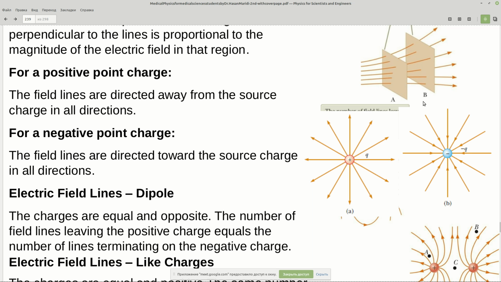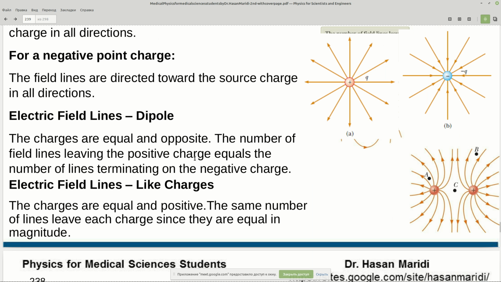The potential is a scalar quantity because the energy is scalar. So 1 volt is 1 joule divided by 1 coulomb. In another definition, 1 Newton per coulomb is 1 volt per meter.